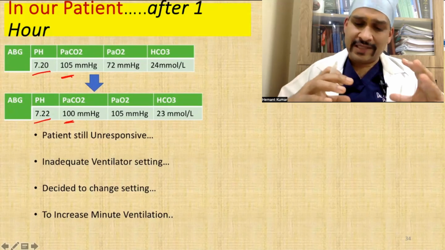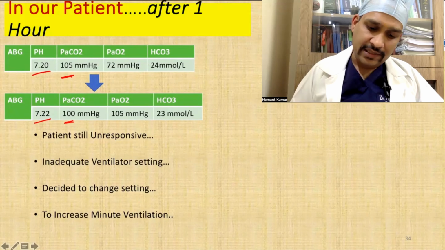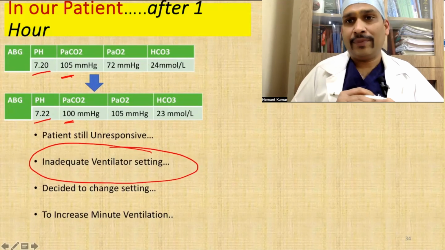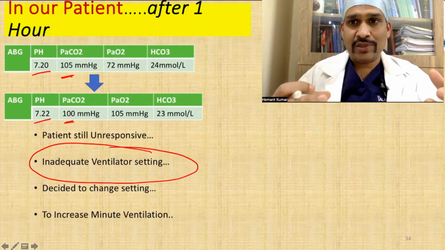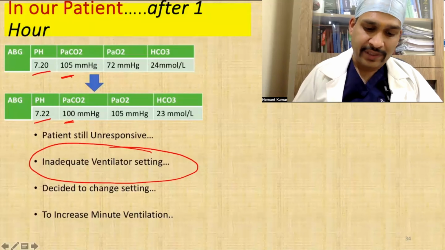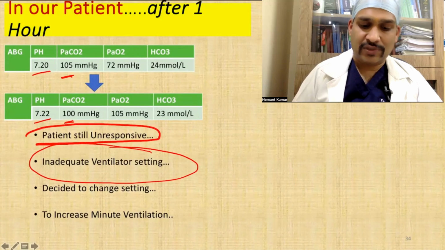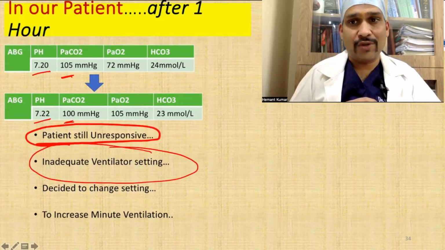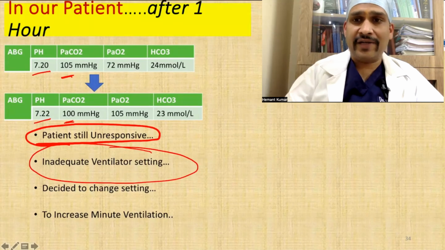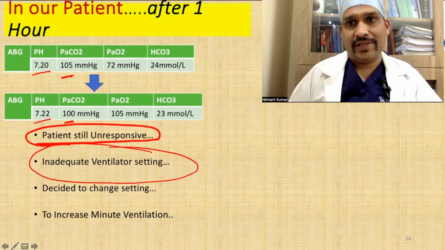So we can see that this is an inadequately ventilated setting because PCO2 is reducing very slowly. And more important, the patient is still unresponsive. The patient is still drowsy, not responding. By this, we can say that this setting of mechanical ventilation is not sufficient to ventilate this patient.